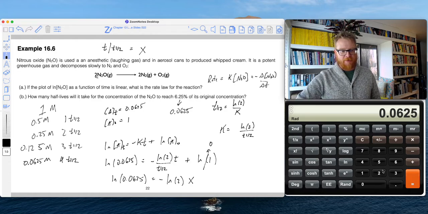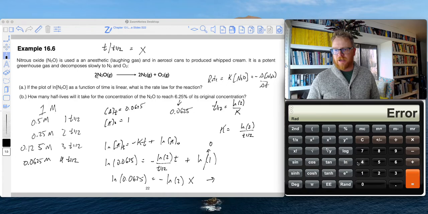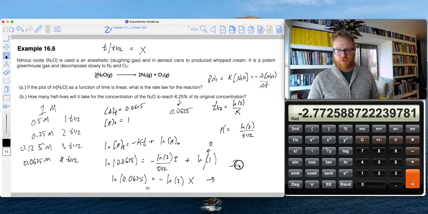So we'll just do the numbers. The natural log of 0.0625 gives me negative 2.77 something, and that all equals, we know the natural log of 2 is 0.693, so negative 0.693 times x.